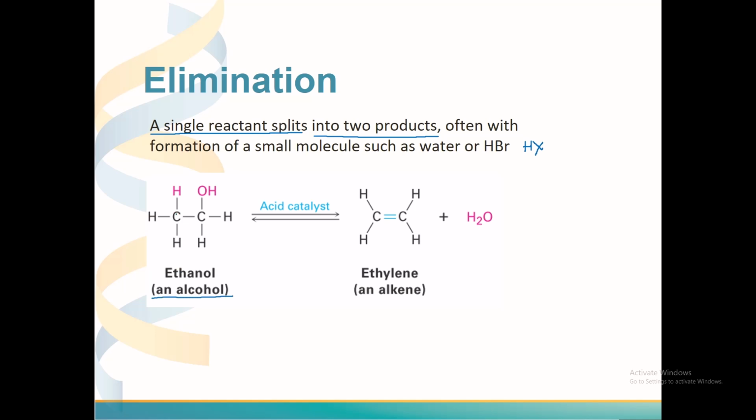So you have CH3, CH2, and OH. This is ethanol. It cannot happen without any help from an outside reagent, thus an acid catalyst was added. So in an elimination reaction, it splits into two products. The alcohol becomes ethylene plus water.